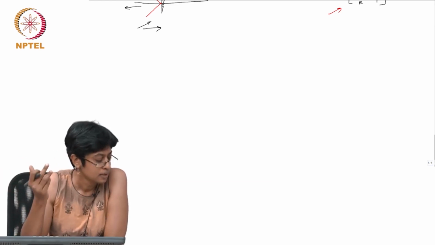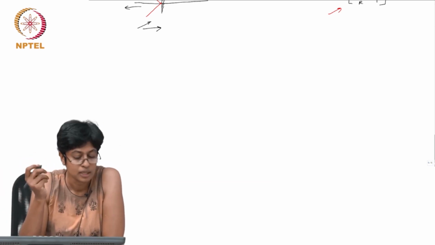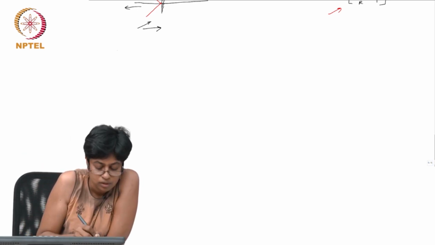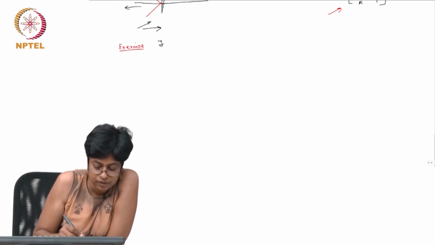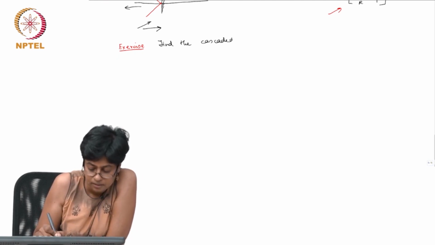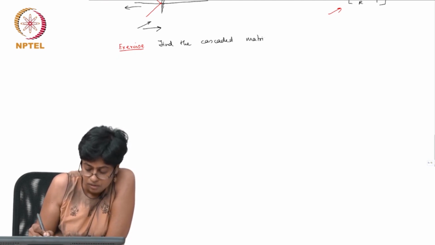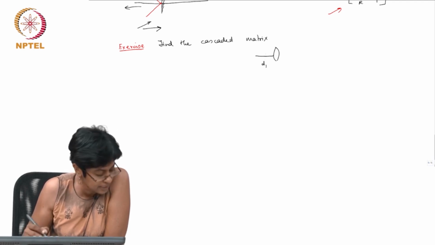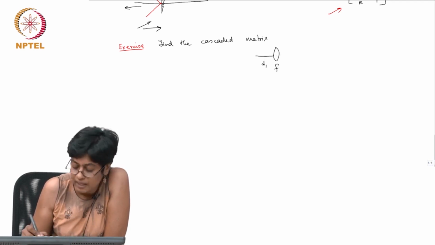Okay. So, the exercise I want you to carry out is to find the cascaded matrix for a ray that travels first through a distance d1, then through a lens of focal length f, and then through a distance d2.